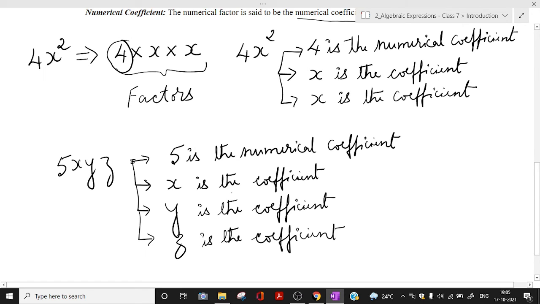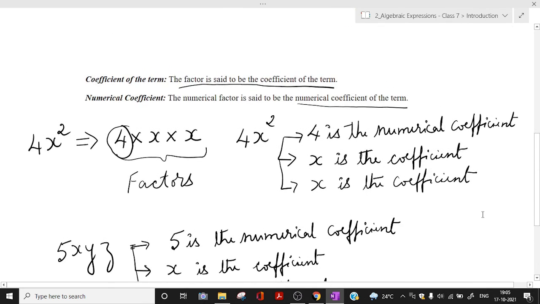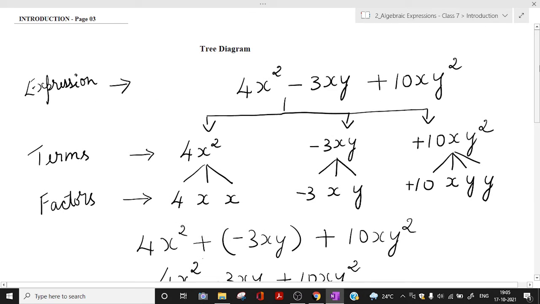And what are 5, x, y, z? These are the factors of the term 5xyz. So the factor is said to be the coefficient of the term, and the numerical factor is called the numerical coefficient of the term. I hope this is clear now.